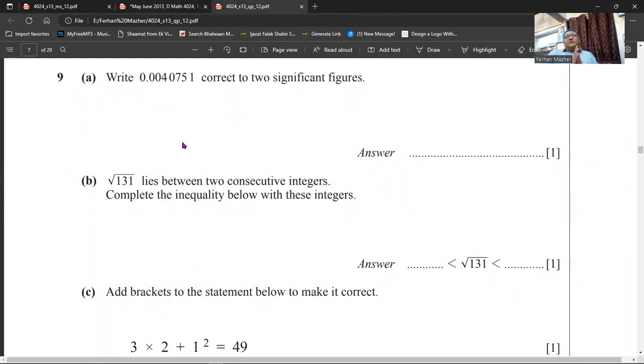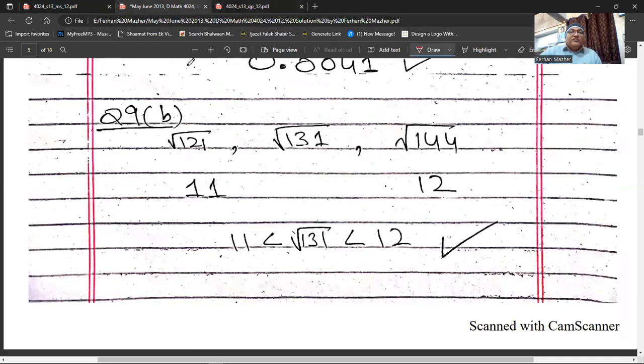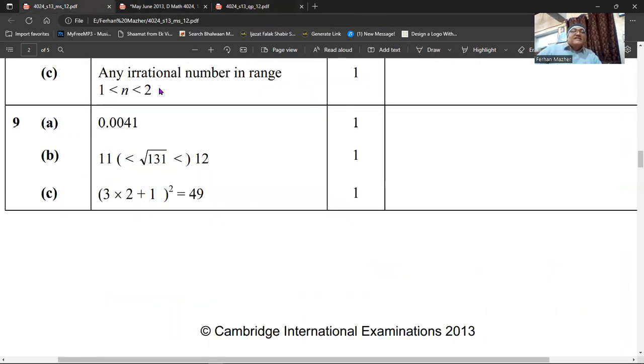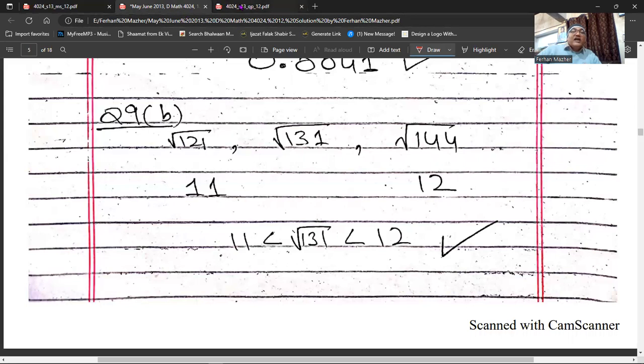And bigger than 131, the smallest square number will be 144, which is the square of 12. So the square roots are 11 and 12. That means square root of 131 is greater than 11 and less than 12. A little tricky question. So our answers are right.